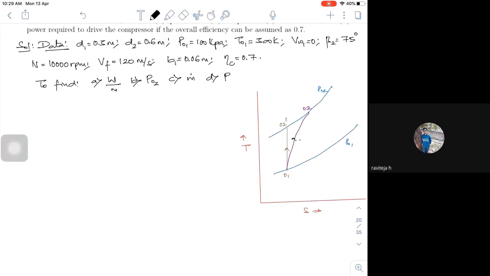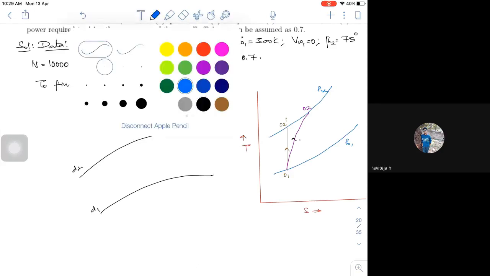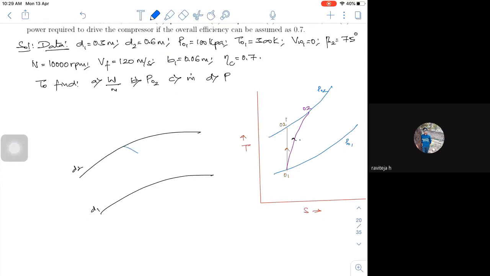So similarly, I can write the corresponding velocity triangles also. Suppose this is my D2, and this is my D1. So fluid is going from inside to outside. So let's put the blade. The blade is something like this, and it's rotating in this direction.